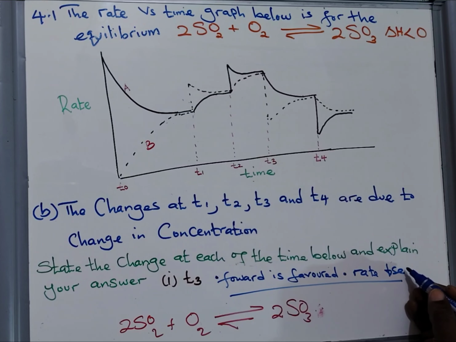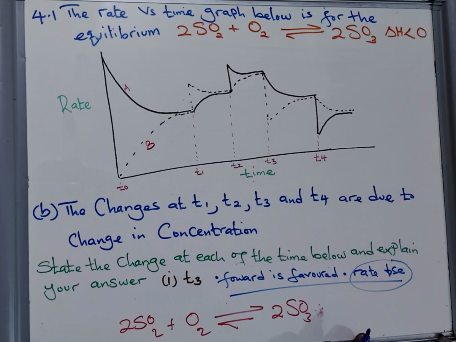First of all, decrease of rate implies that you are going to decrease the concentration of any of the components. But what are you going to decrease? Okay, if you decrease product, the system opposes it and forms the product, and therefore forward will be favored. And that's the answer. What's the answer? Decrease in the concentration of sulfur trioxide.